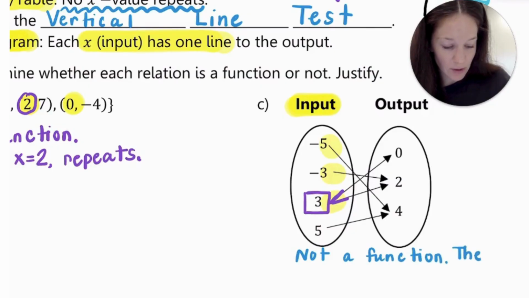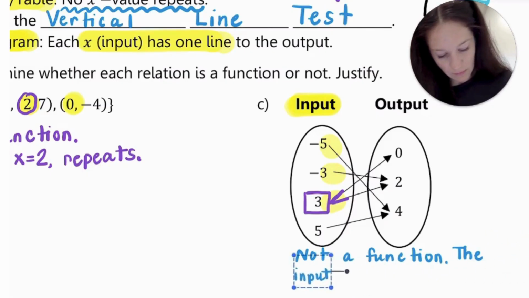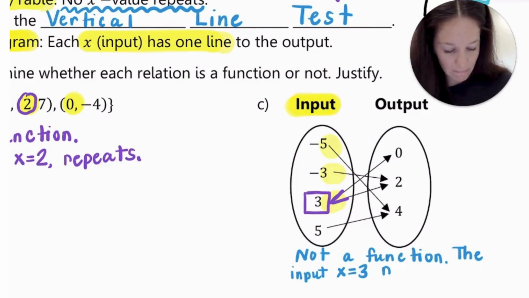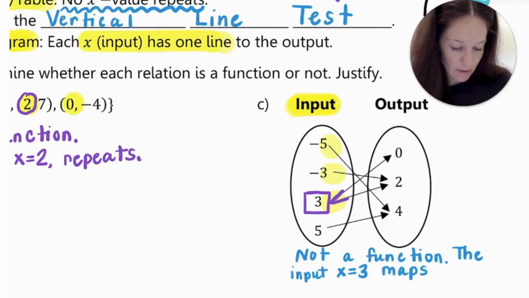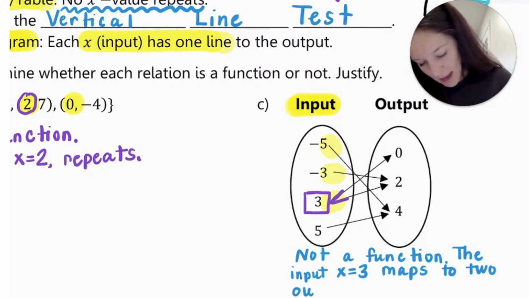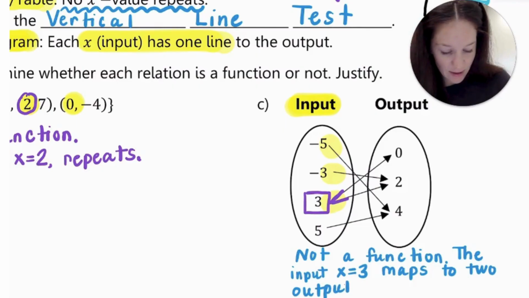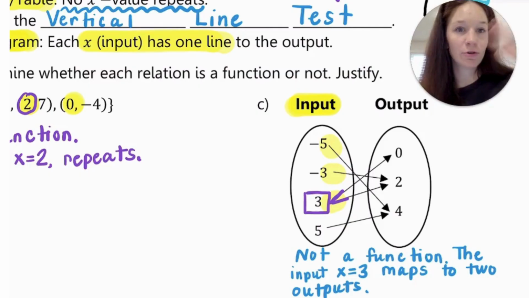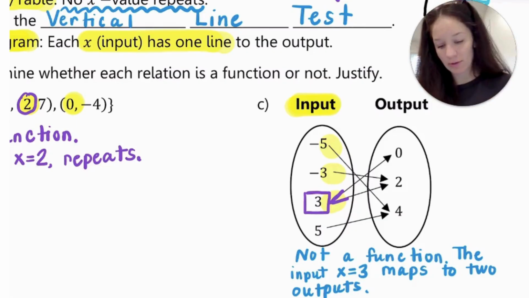The input x equals 3 maps to 2 outputs. You could also say that the input repeats, that it goes to 2 different y's, something along those lines.